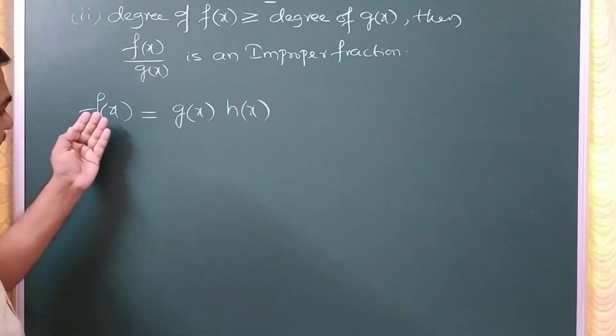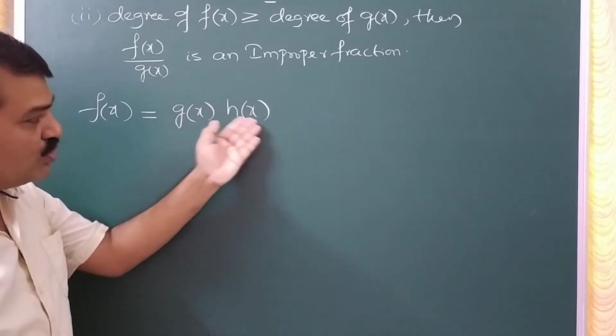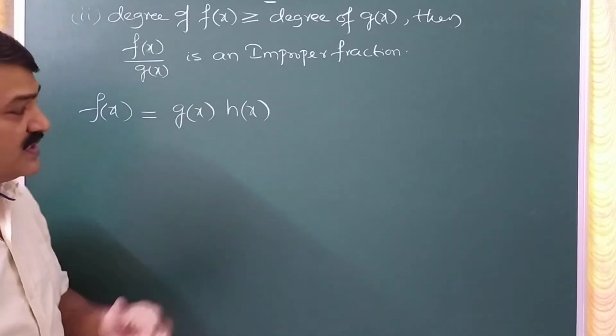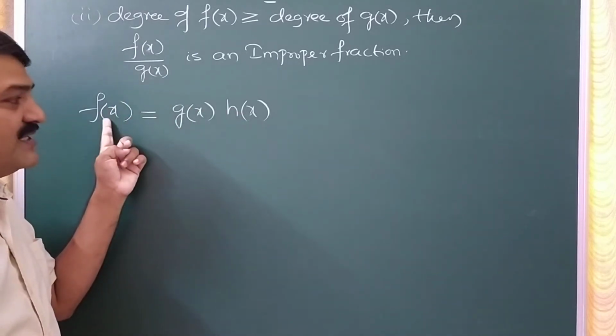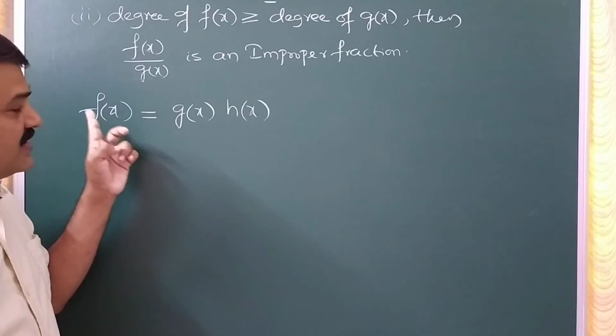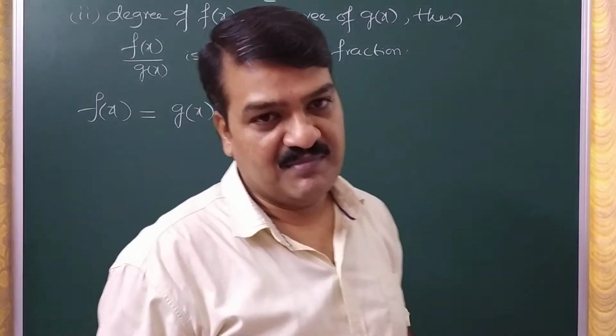So if f of x, a polynomial, can be expressed as a product of two other polynomials, the degree of each of which is less than the degree of f of x, then f of x is said to be a reducible polynomial.